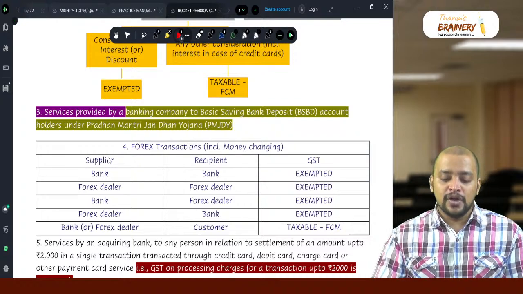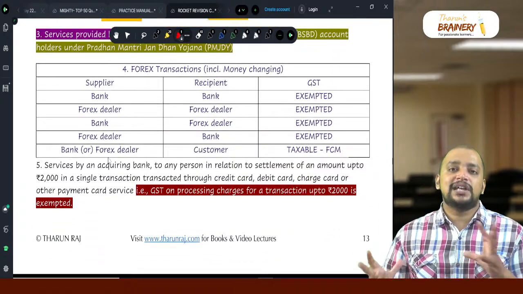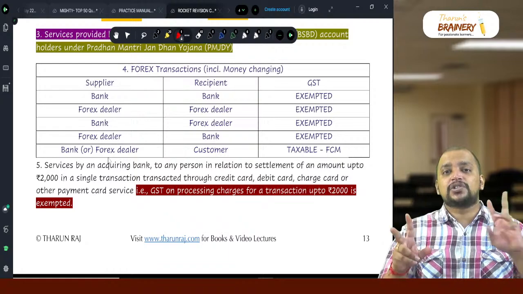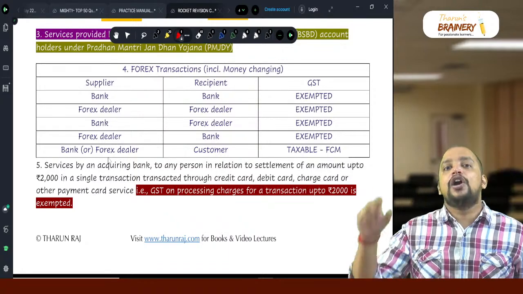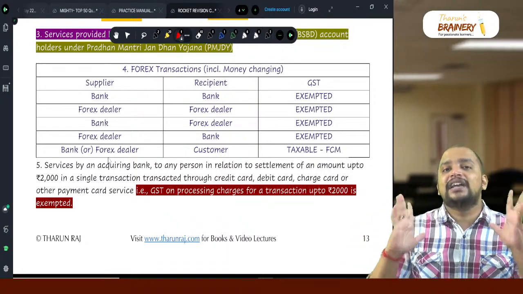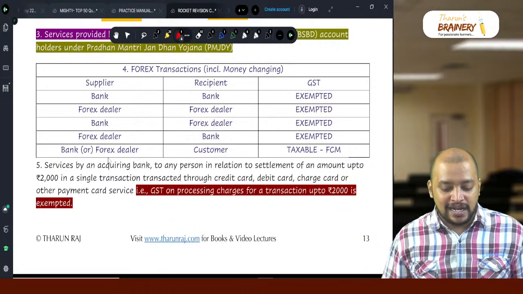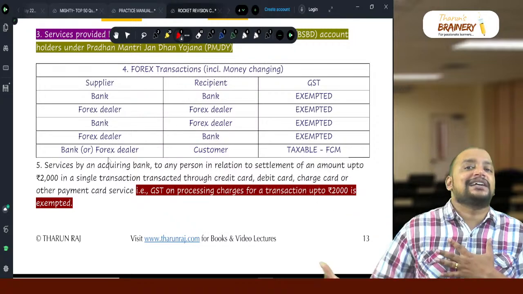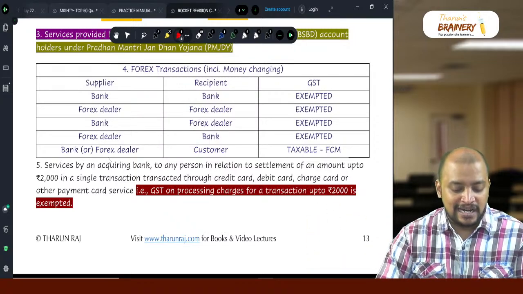Then number 4, forex transactions. Forex transactions means foreign exchange transactions, that is money changing from one currency to another currency. If the forex transaction is between two banks, two forex dealers, or a bank and a forex dealer, it will be exempted. But when it is between a bank or forex dealer and a customer, it will be taxable under FCM.